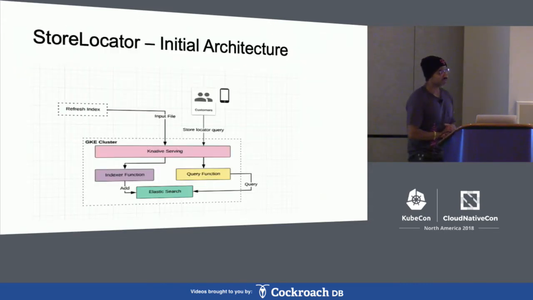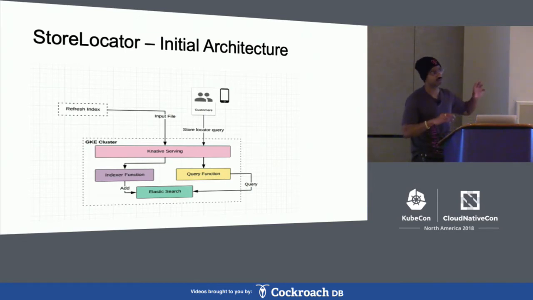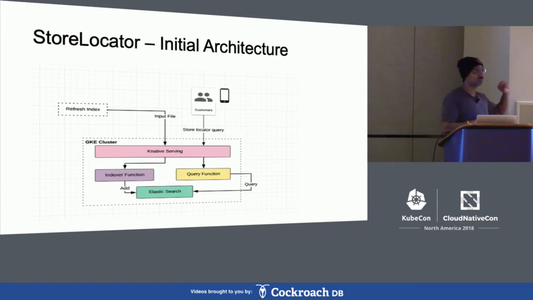When we first started with Store Locator back in summer, this was the high-level architecture. As you can see here, there's really two components to this. One is the indexing piece, and then there's also a query. We have store data that sits in many different systems. And so we feed the indexing service a CSV file that has all of the store data, an export from whatever source.